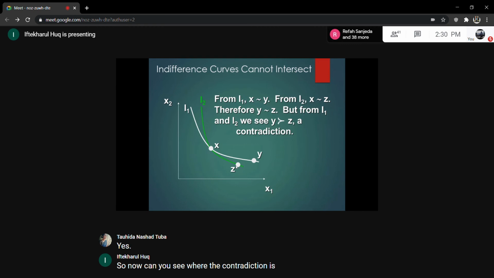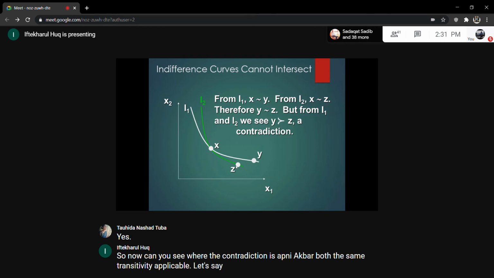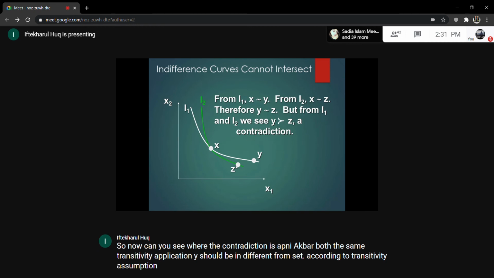First you are saying that transitivity tells you Y should be indifferent to Z, and you said the transitivity assumption must hold.